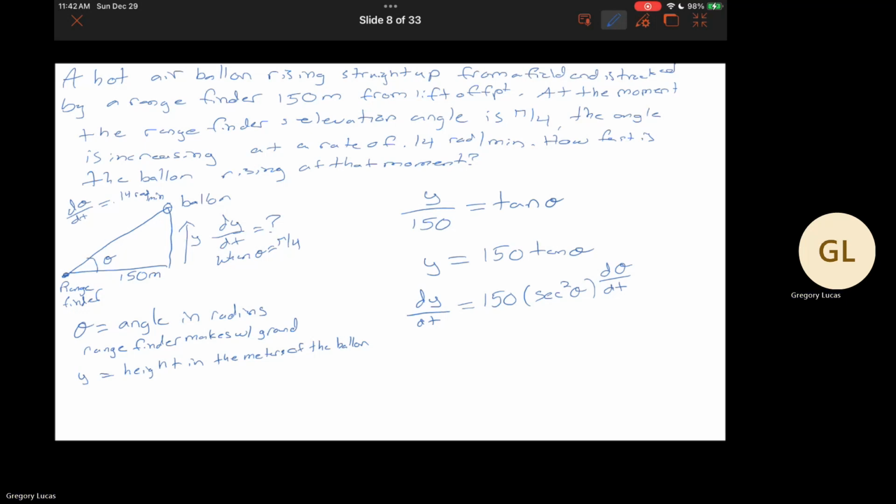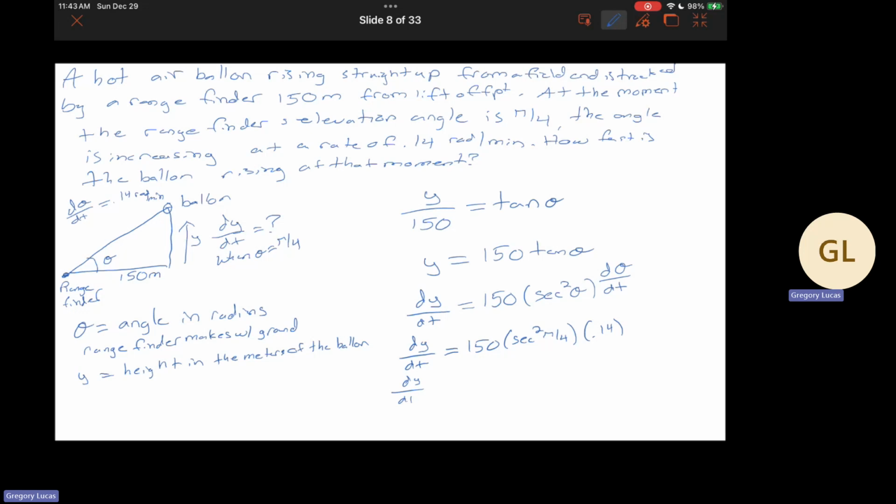All right. Now let's plug in here. So I have dy dt is equal to, and we're looking for dy dt, so all we have to do is solve the right-hand side. So we have 150 times secant squared of pi over 4 times 0.14.